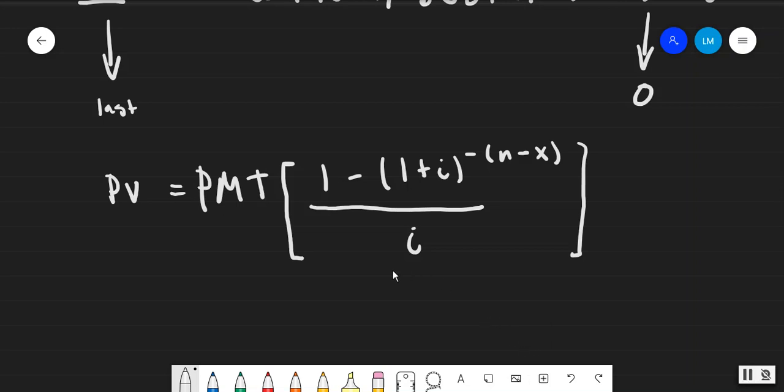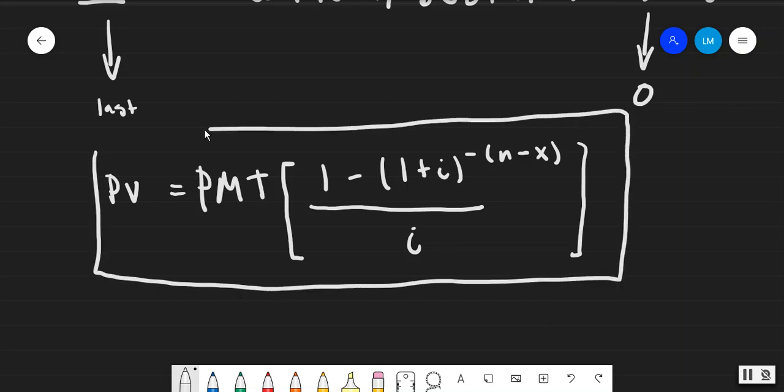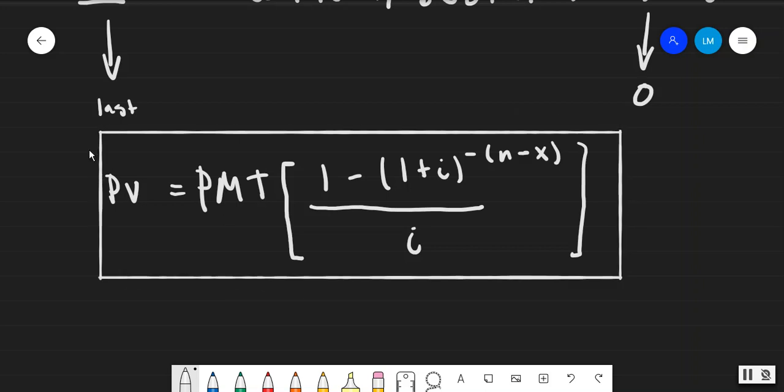This is actually just a formula that finds the unpaid balance of an amortized loan, because you've made x payments and then all of a sudden you want to know how much is left.